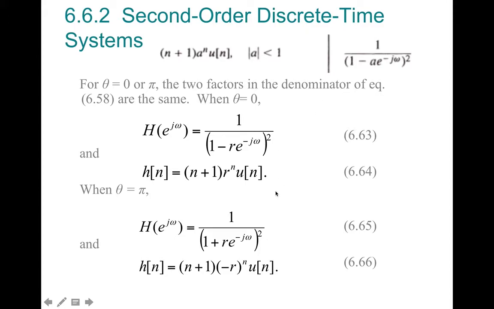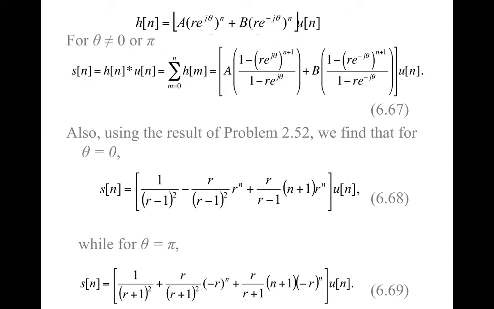For both of those frequency response terms, we could take a look at the table in chapter 5 and obtain the corresponding inverse Fourier transform, which is their impulse response, shown in equations 6.64 and 6.66.